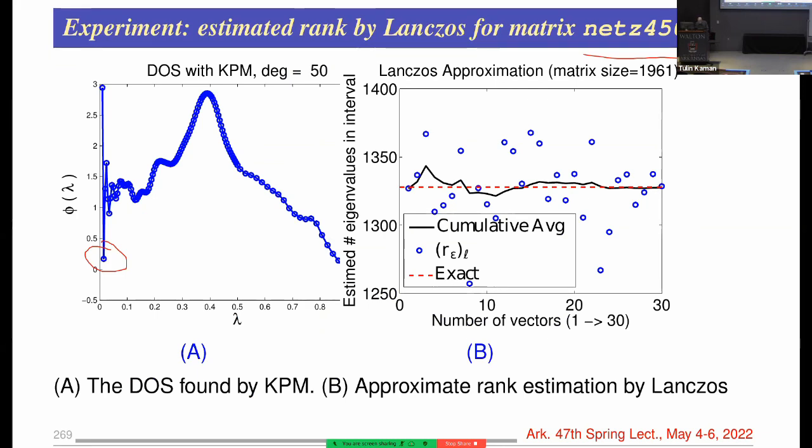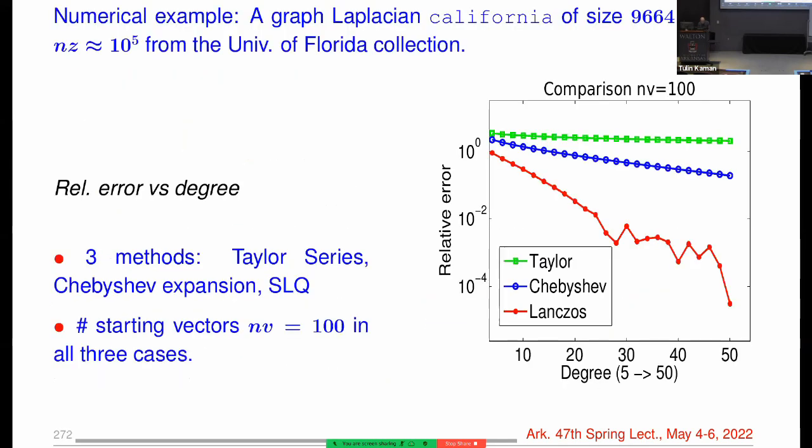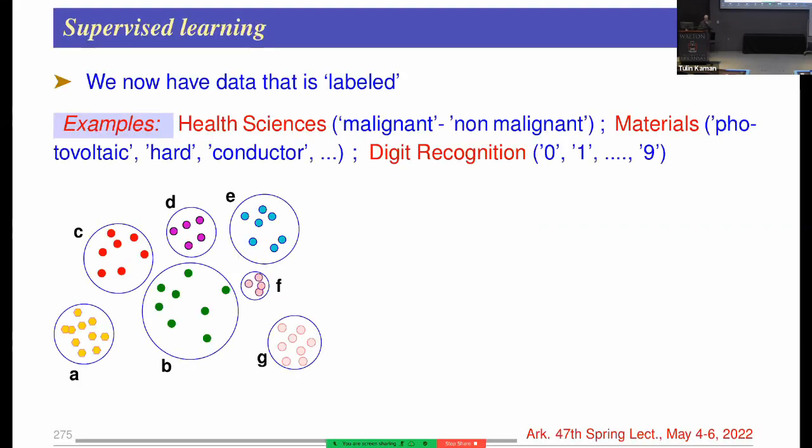Next, I will talk about supervised learning. I mentioned a little bit of this earlier. We have data that's now labeled. For example, you can say spam, non-spam, malignant, non-malignant.